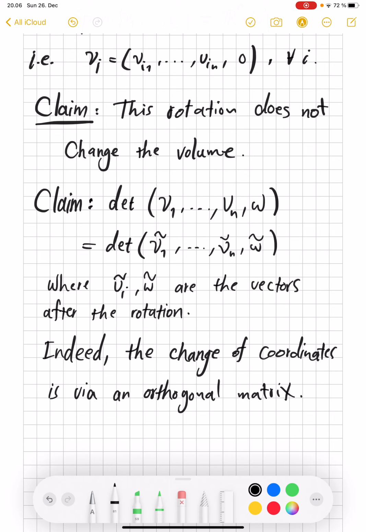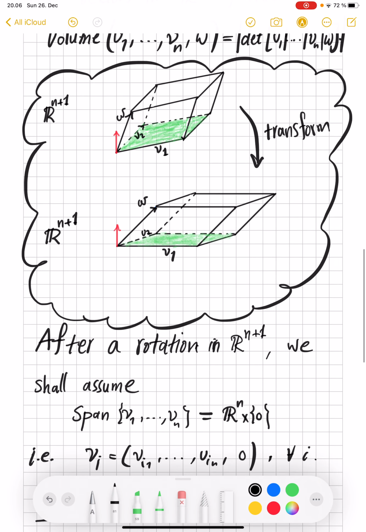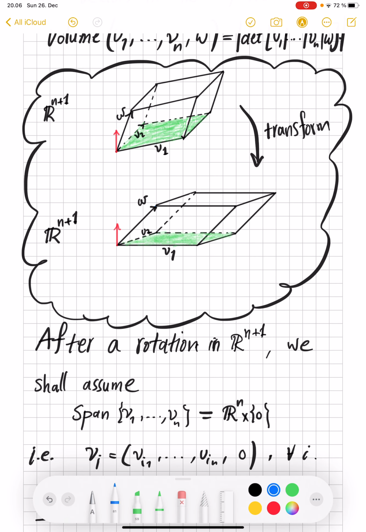The way you actually get from this picture to this picture, one way of doing it, is to just find any orthonormal basis like this, the new orthonormal basis in blue, and declare them as your new basis. In this basis, you have this picture.